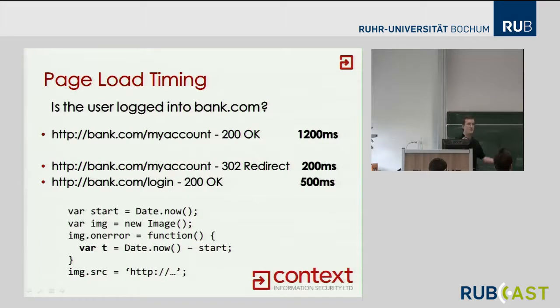Obviously Image is meant to load images, but we can use it to make an HTTP request. When you give it a URL, image.src equals whatever URL you like, the browser doesn't know whether the URL is going to come back with an image or not.